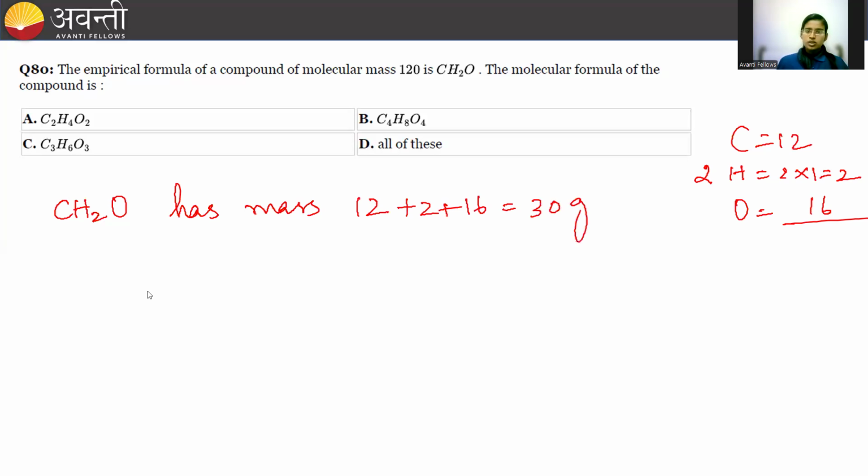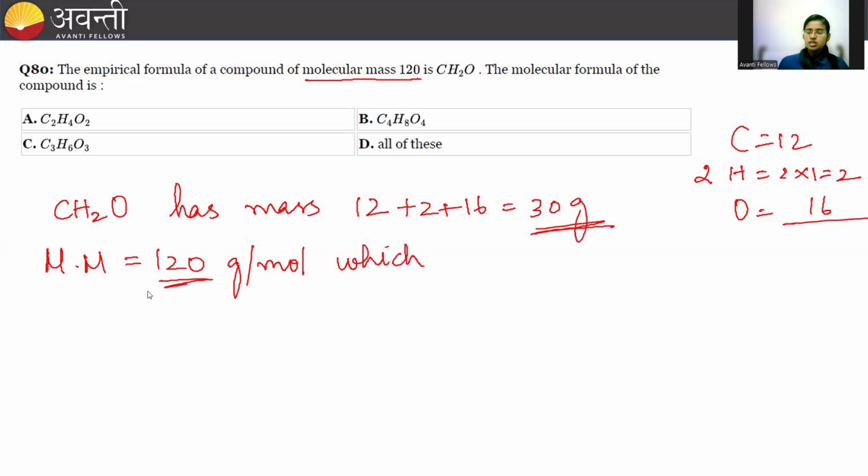Okay. So the empirical formula has the mass value as 30 gram, and the molecular mass is given as 120 gram per mole. Molecular mass is equal to 120 gram per mole, means it is 4 times the 30, right?